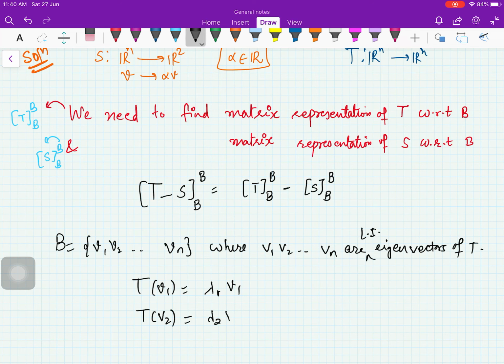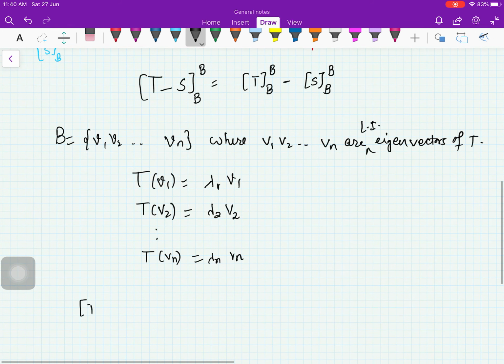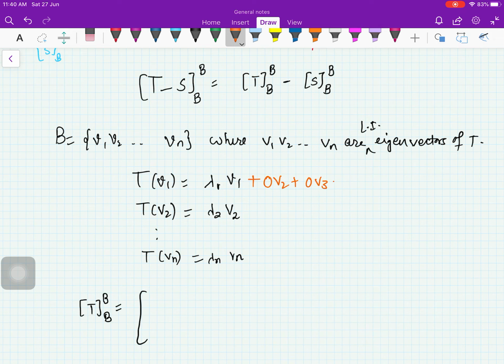T of V2 is another constant times V2 and so on. T of Vn is a constant times Vn. Therefore, if we write the matrix representation of T with respect to B, we look at lambda 1 V1 plus 0 into V2 plus 0 into V3 plus so on, 0 into Vn. So the first column will be lambda 1, 0, 0, 0.